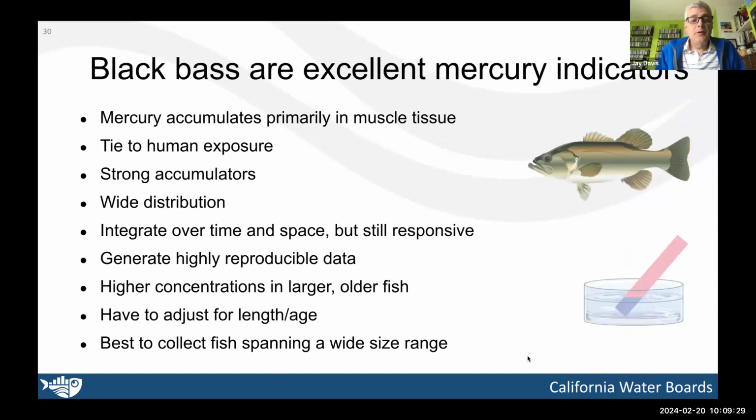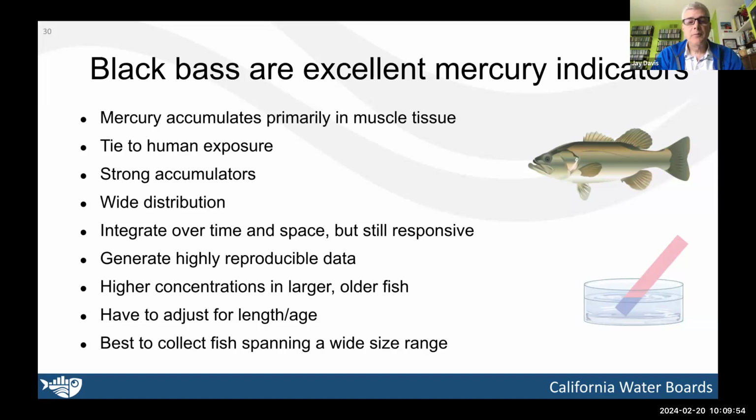So different contaminants kind of call for different species. We've done a lot of work throughout the state with black bass, and they're really excellent mercury indicators. Mercury accumulates in muscle tissue, and the concentrations are higher in larger, older predator fish.